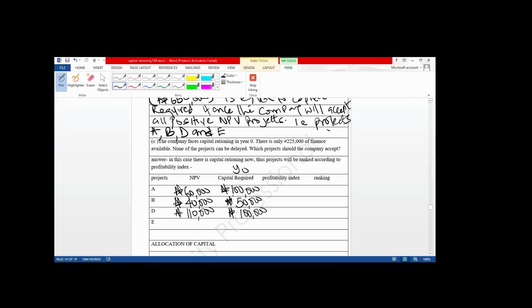Now calculate profitability index. 60 divided by 100, 0.6. 40 divided by 50.